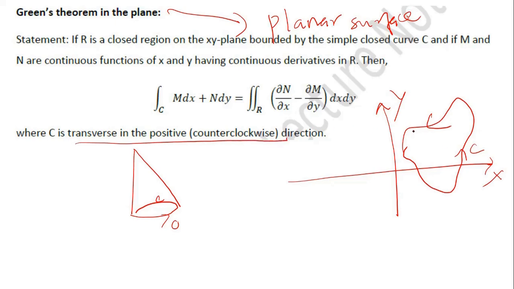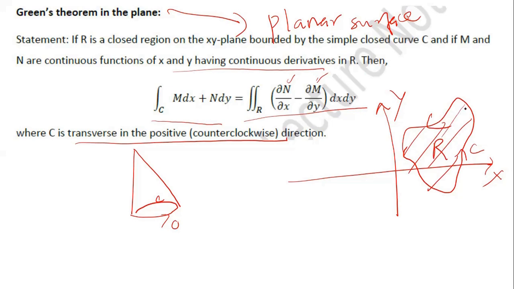If M and N are continuous functions of x and y having continuous derivatives, then Green's theorem says that the loop integral of M dx plus N dy will be equal to the surface integral over the region R, a planar region bounded by this simple closed curve C.